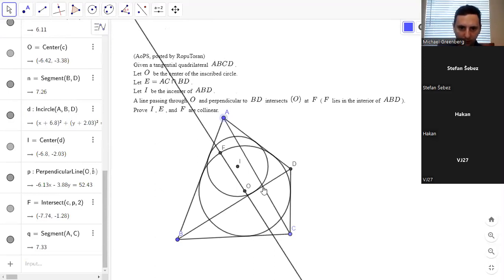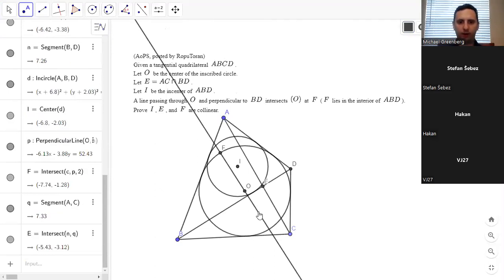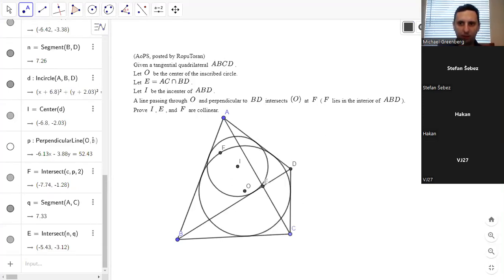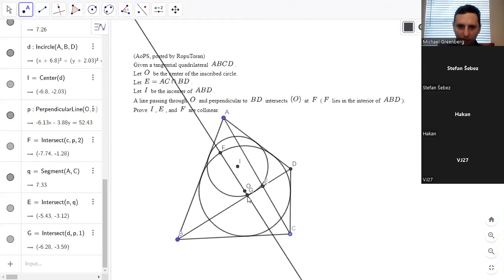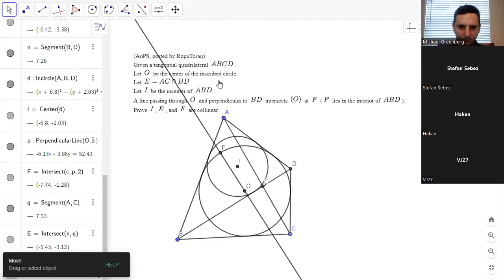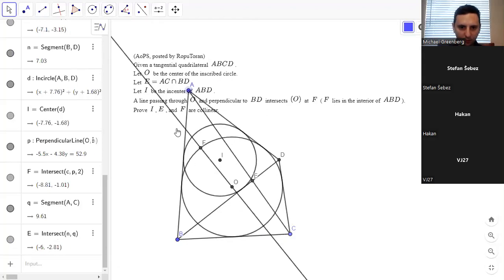So here's E, and we want to show I, E, and F are collinear. I want to keep this perpendicular line. So let's see if I can draw this point.